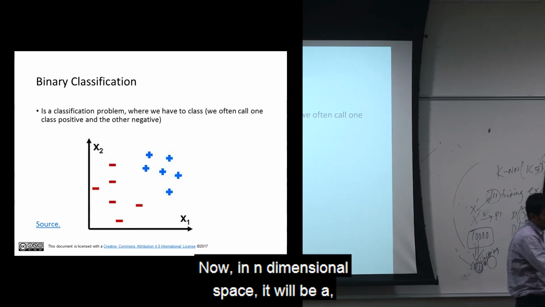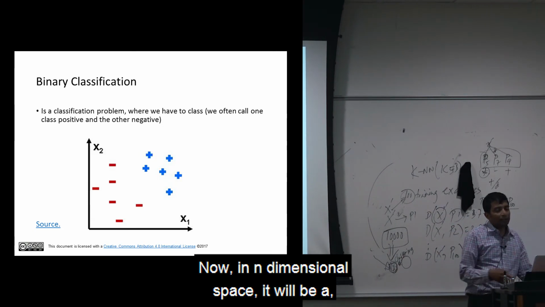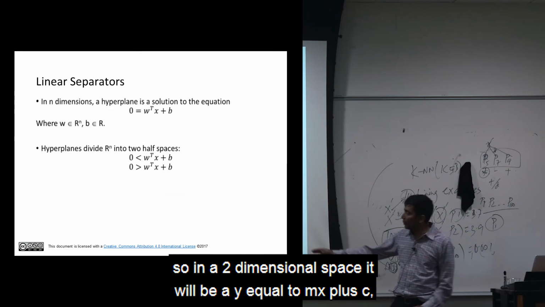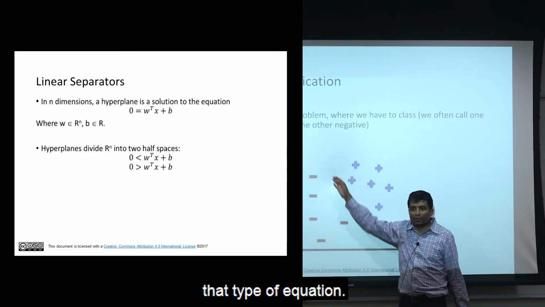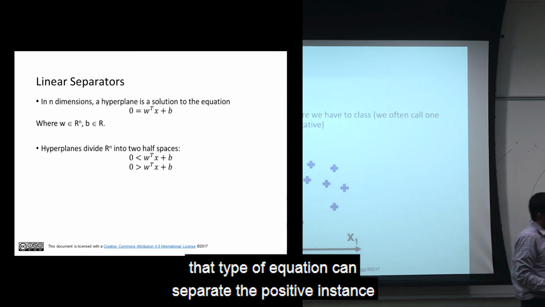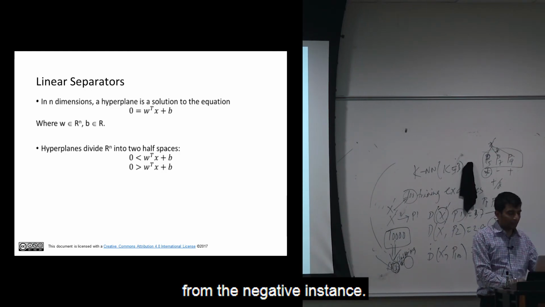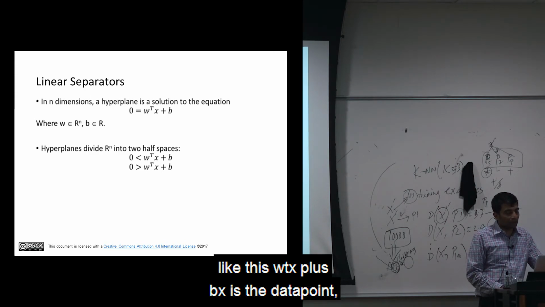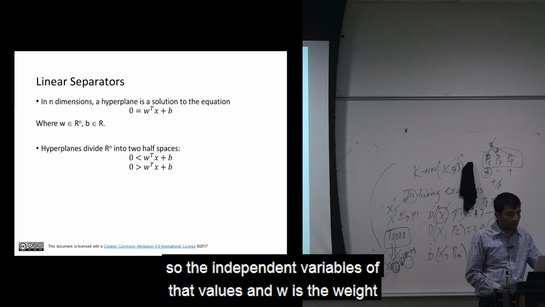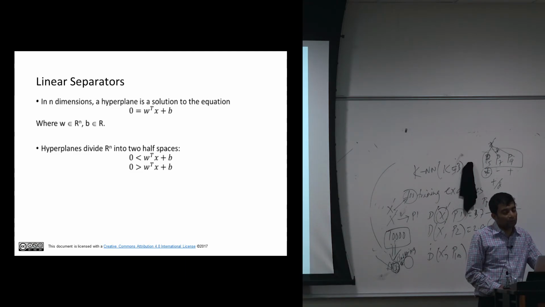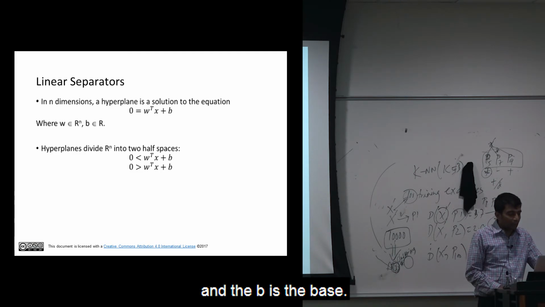Now, in a two-dimensional space, it will be y equal to mx plus c, that type of equation. That type of equation can separate the positive instance from the negative instance. But in n-dimensional space, it will be something like this: w^T x plus b. x is the data points or independent variables of values, and then w is the weight we want to learn, or the coefficient, and the b is the bias.